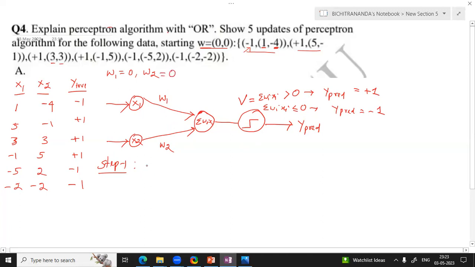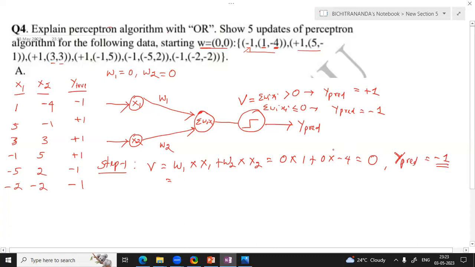So the summation V is equal to w1 times x1 plus w2 times x2, which is 0 times 1 plus 0 times minus 4, that is 0. And if the summation V value is less than or equal to 0, then the prediction output Y predicted is minus 1.